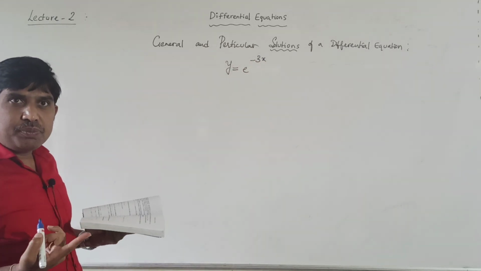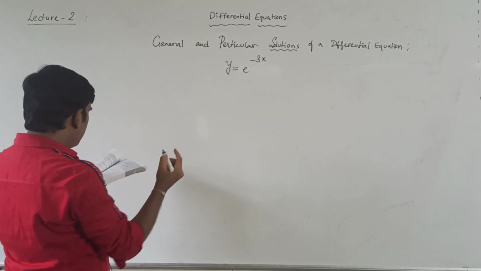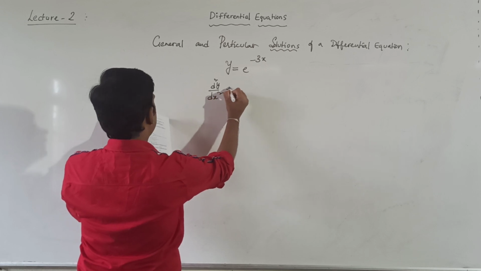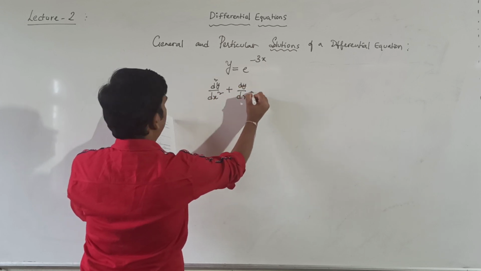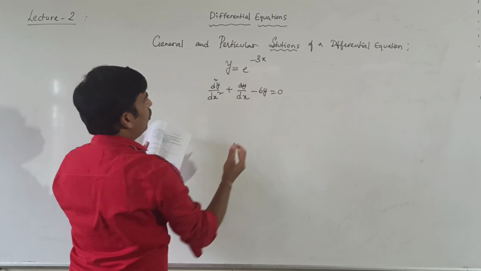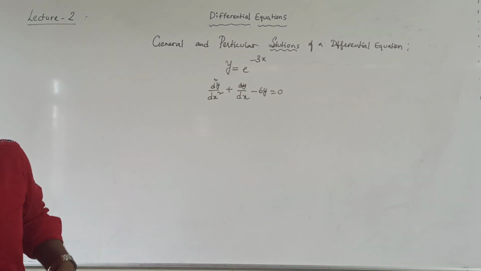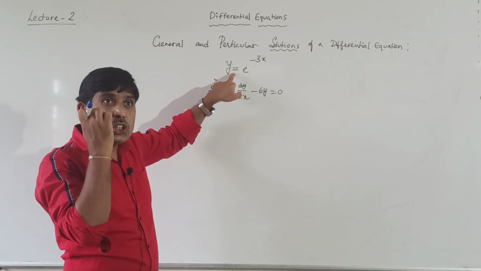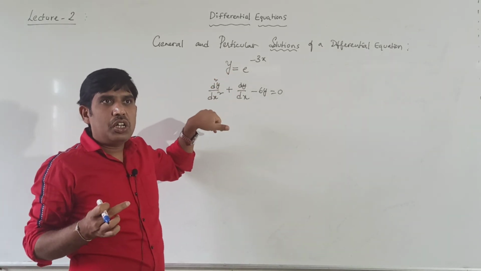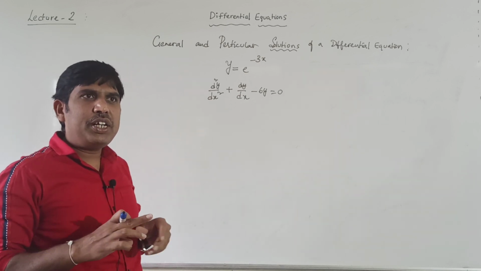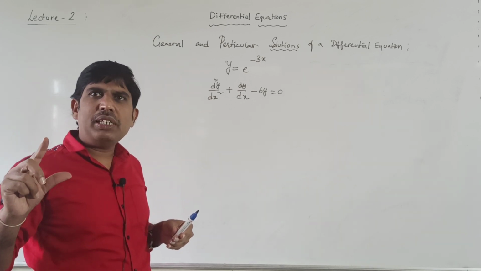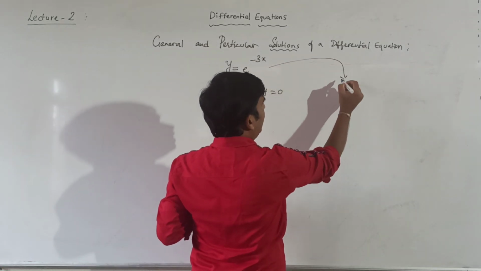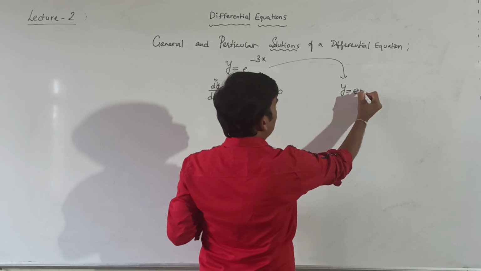We should verify whether this is a solution for the given differential equation d square y by dx square plus dy by dx minus 6y is equal to 0. In the previous problem, how did we do it? If it is a solution, it should satisfy the equation, correct?